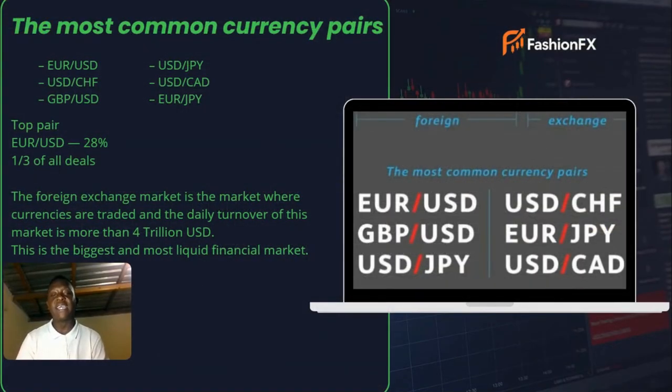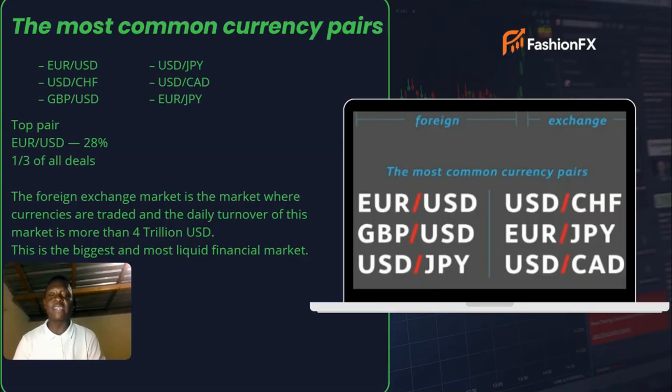Section 1. The most common currency pairs. In Forex, currencies are traded in pairs, and the most common currency pairs include EUR/USD, USD/CHF, GBP/USD, USD/JPY, USD/CAD, and EUR/JPY.